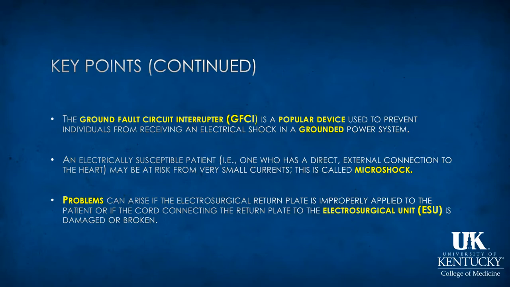Alternatively, a ground fault circuit interrupter is a popular device used to prevent individuals from receiving electrical shock in a grounded power system. You see these in your wet locations at home, and you'll see a photograph of a GFCI later in this podcast.